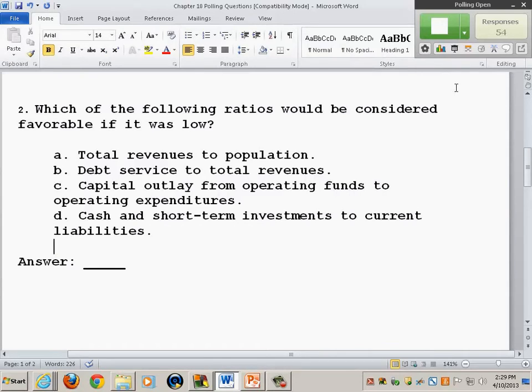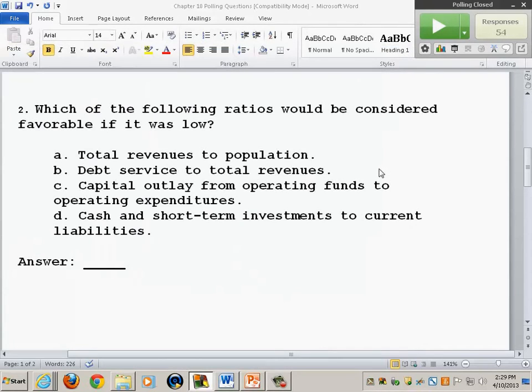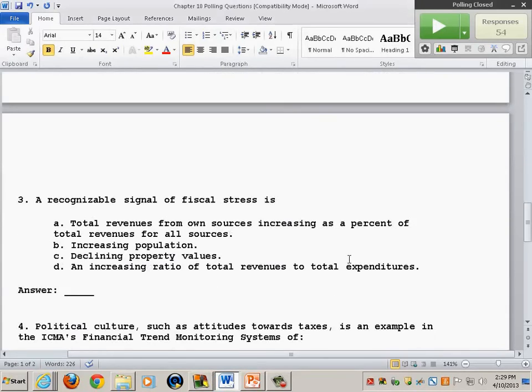I think we need one more. Okay. Actually, the class is doing excellent. It is B. Anybody not understand this question as to why? Remember, the question is if it were low, right? Okay, let's go to the next one.